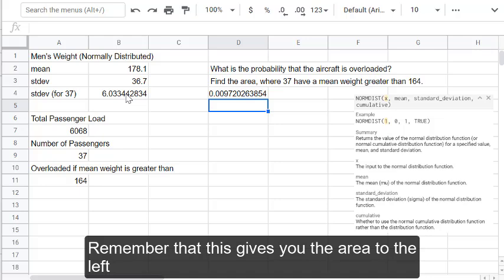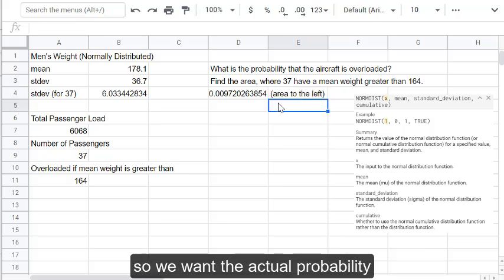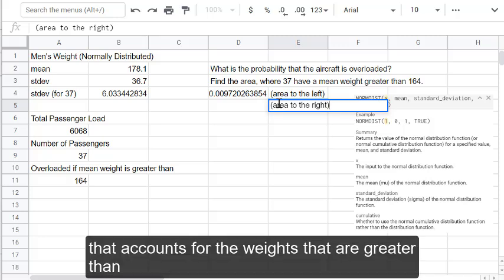Remember that this gives you the area to the left, and area to the left is less than, so we want the actual probability where we're looking at the area that accounts for the weights that are greater than.